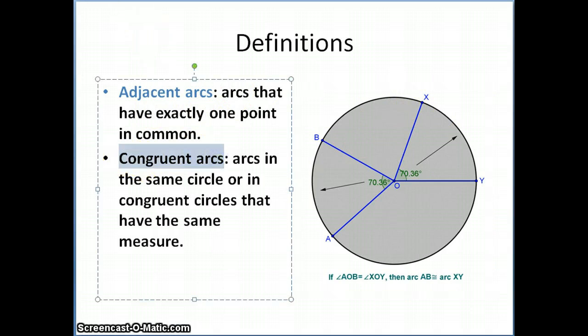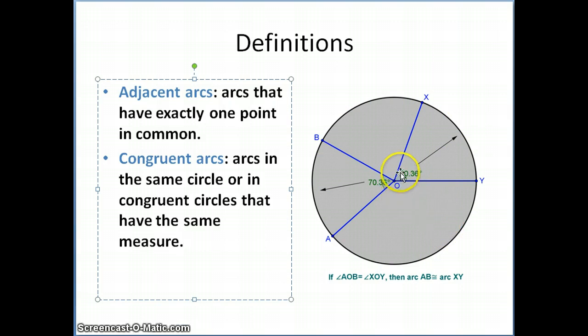Congruent arcs: it's like when we talk about congruent, arcs in the same circle or in congruent circles that have the same measure. For example, if we look at XY and BA, these two arcs are both in the same circle.